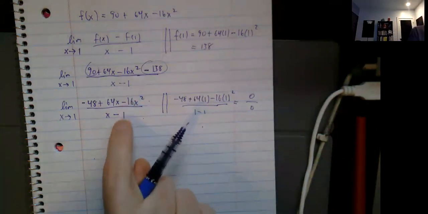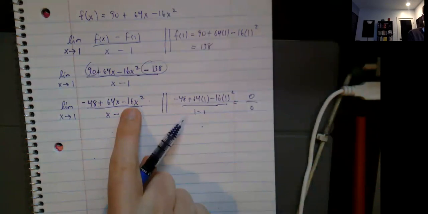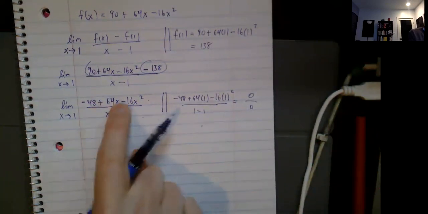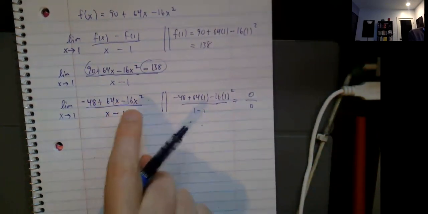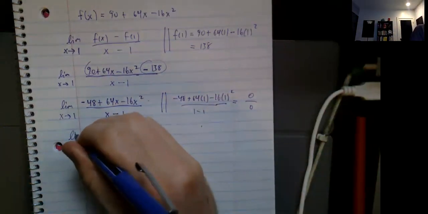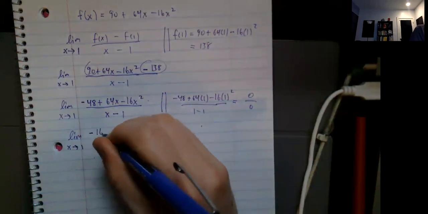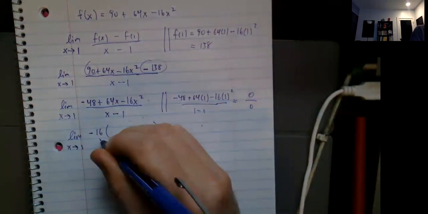So how can we simplify this? Well, there's definitely some factoring that can be done. One thing I would say is that there's a common factor here. Do you see these 3 coefficients? 48, 64, 16, they all have a common factor of 16. I'm going to pull out negative 16 from each of those 3 terms.